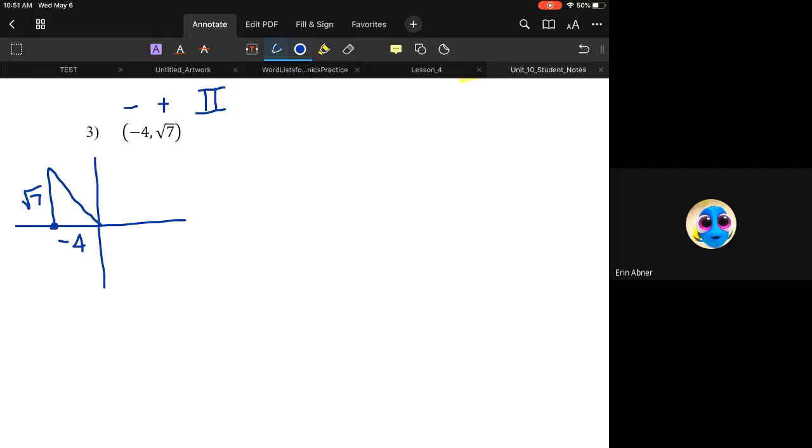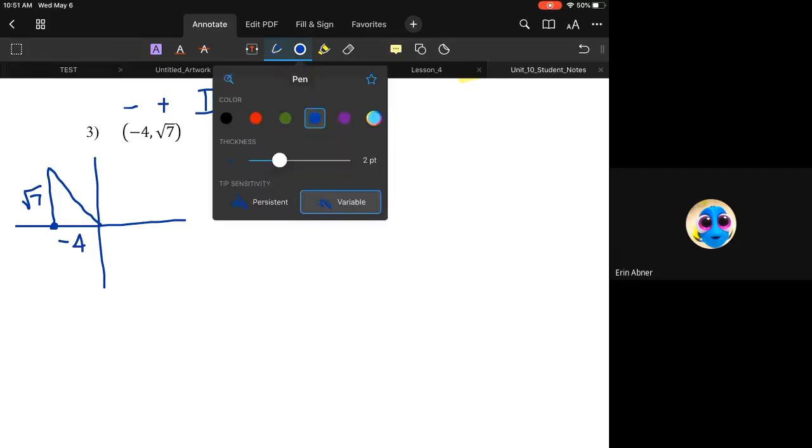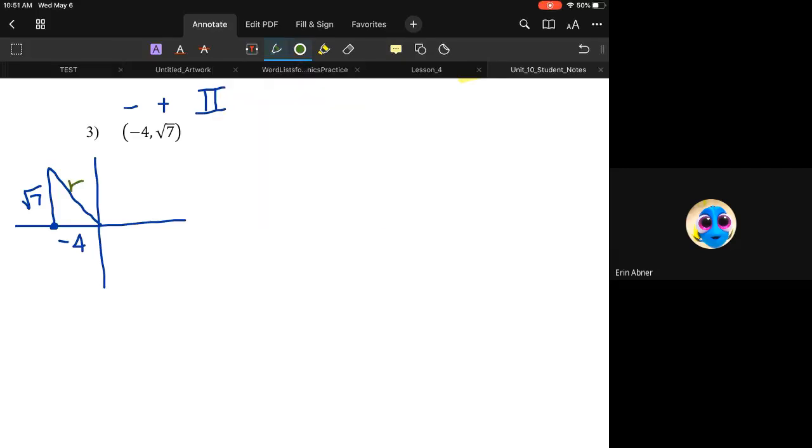Now I'm going to find my r. So r is equal to the square root of x squared plus y squared, which means I'm going to equal the square root of -4 squared plus square root of 7 squared.